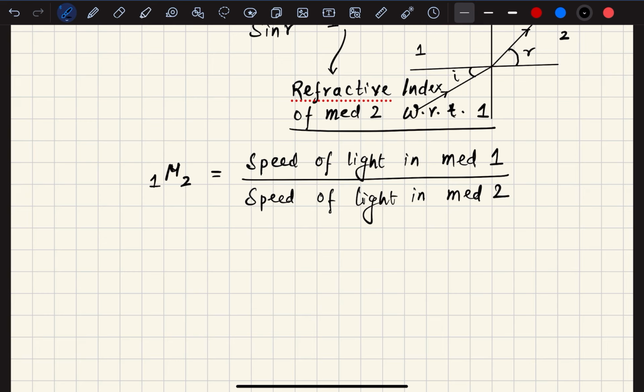So this is also equal to sine i by sine r.